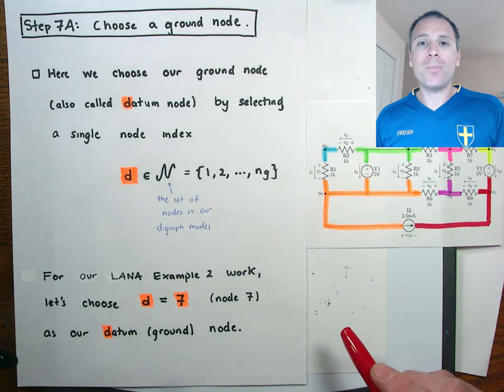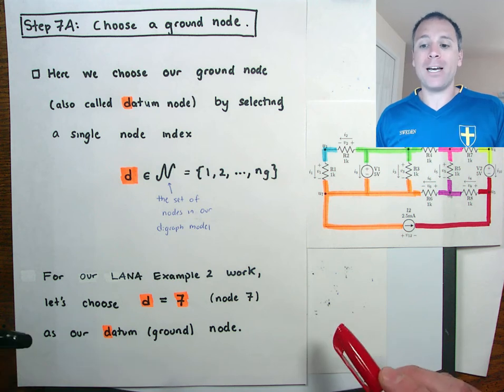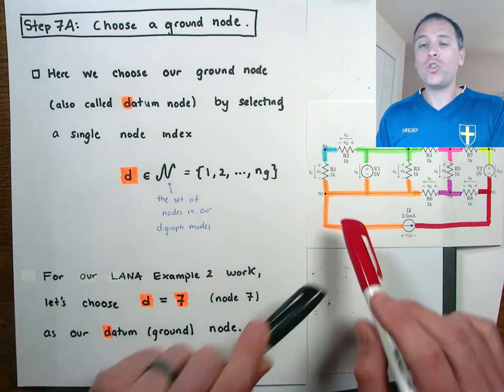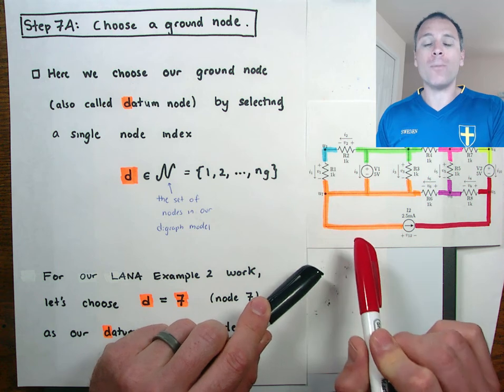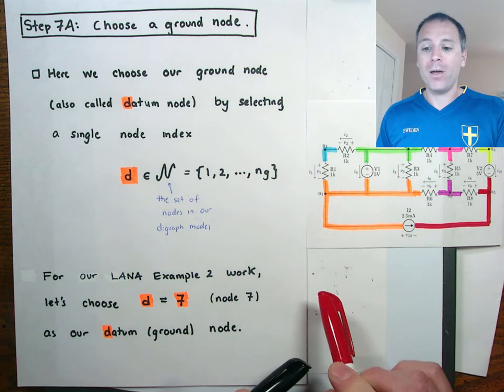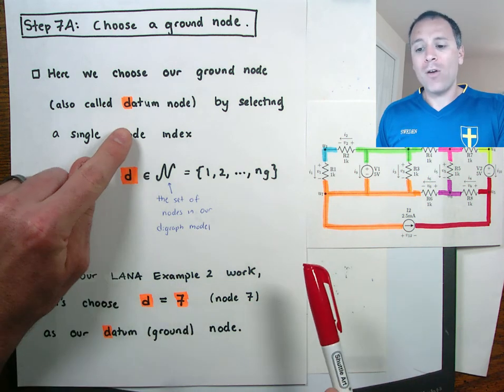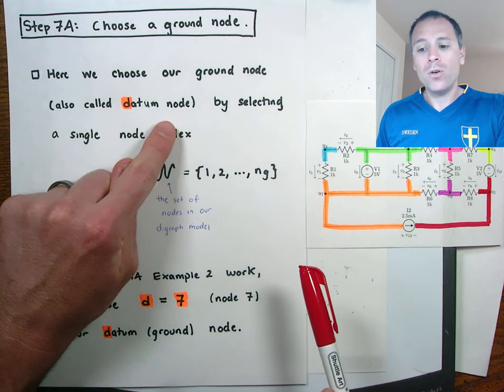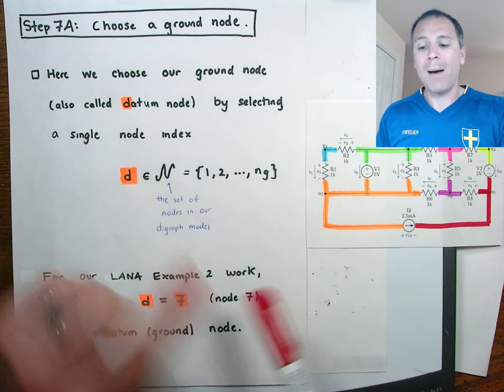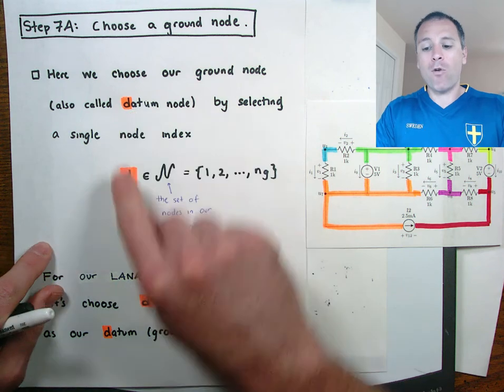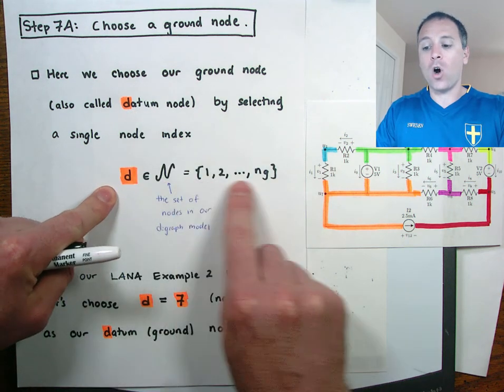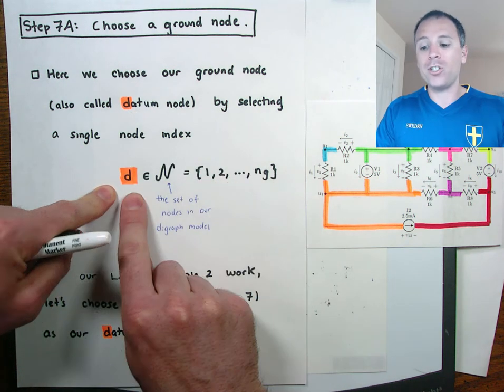In the linear algebraic nodal analysis algorithm, we break the process of grounding the circuit into 2 substeps. The first substep is to choose any node arbitrarily to be the ground node. Another word for ground node is datum node. I've also heard it called a reference node. I'm going to use a D for the individual node in our node set that we choose to be ground.